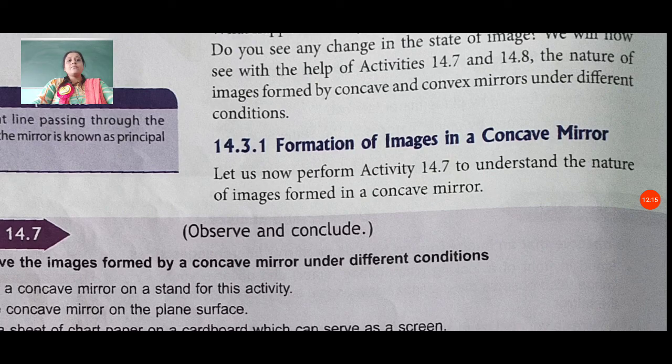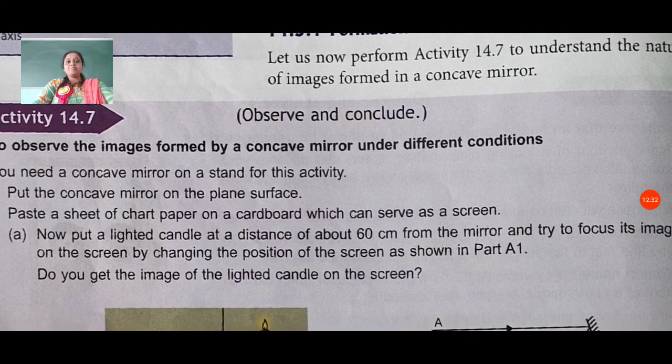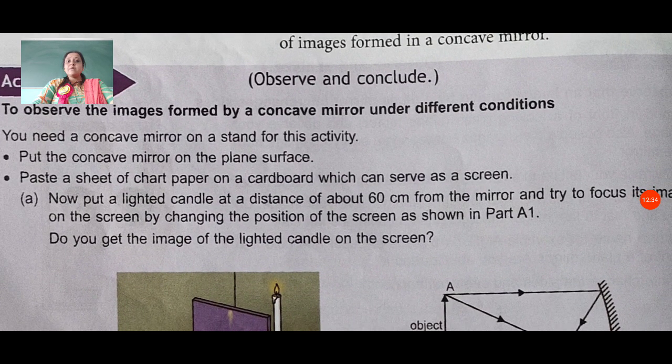But before that, 14.3.1, formation of images in a concave mirror. And for this, first observe activity 14.7 to understand the nature of images formed in a concave mirror, to observe the images formed by a concave mirror under different conditions.